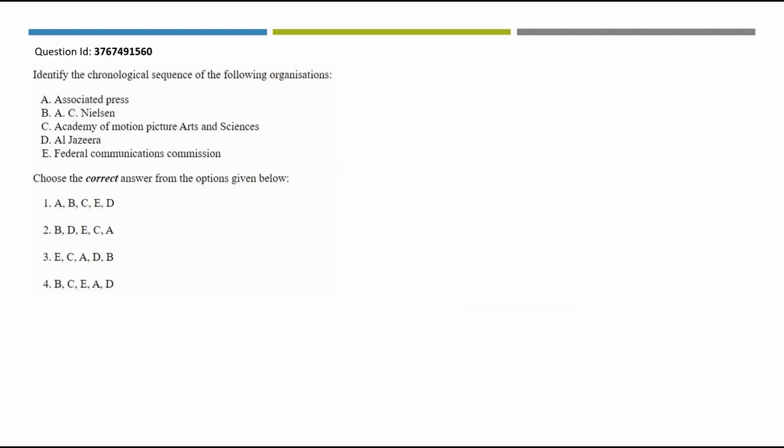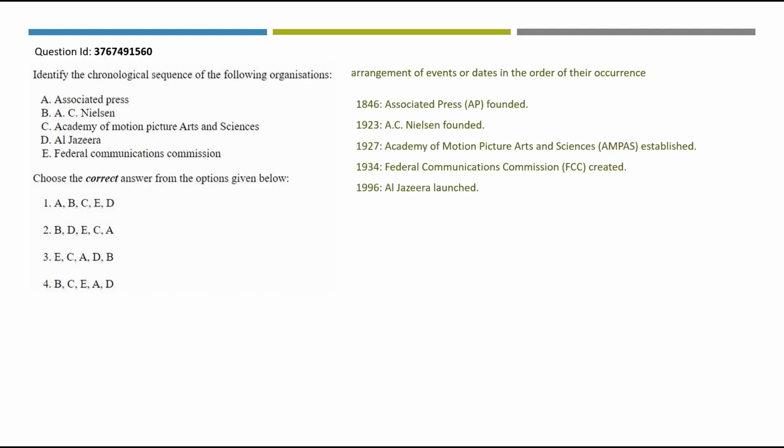Next question. Identify the chronological sequence of the following organizations. The arrangement of events or dates in the order of their occurrence, we can say. So that is chronological sequence. Associated Press, AC Nielsen, Academy of Motion Picture Arts and Sciences, Al Jazeera, Federal Communications Commission. Option A was founded in 1846.